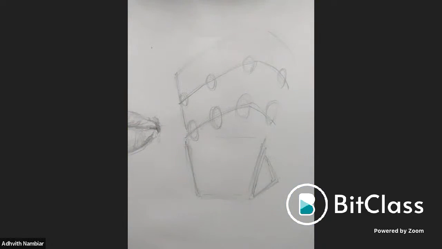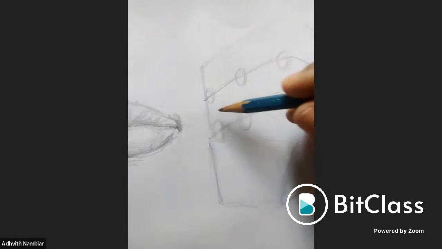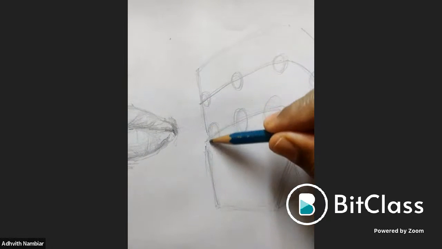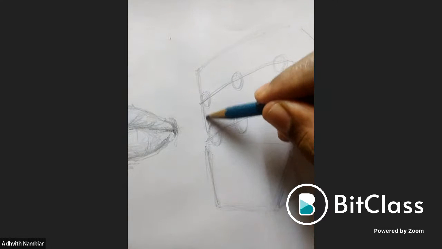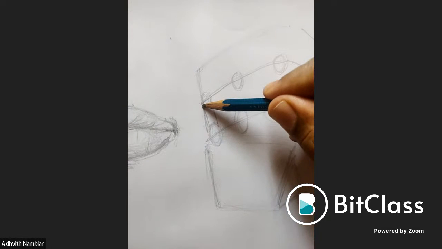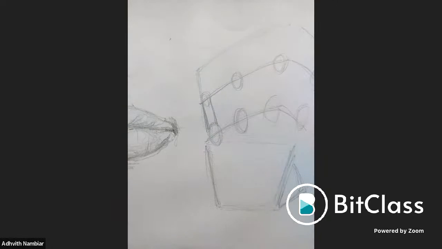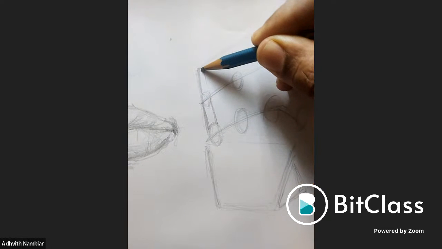So let's fill it out that way. Watch closely. I have my circular joint, and I just join it like a normal cylindrical segment till there.